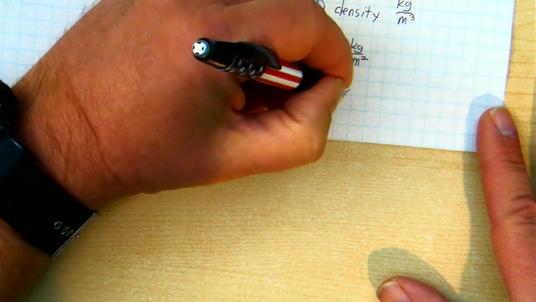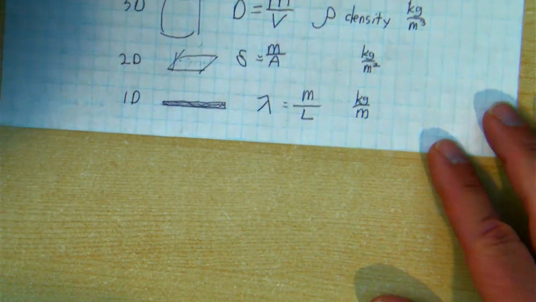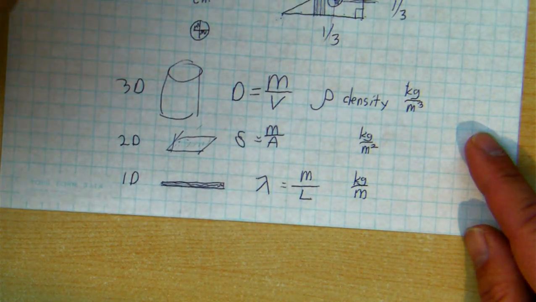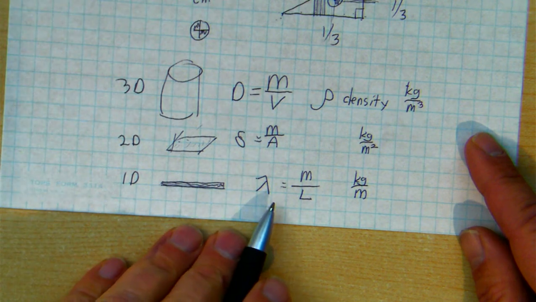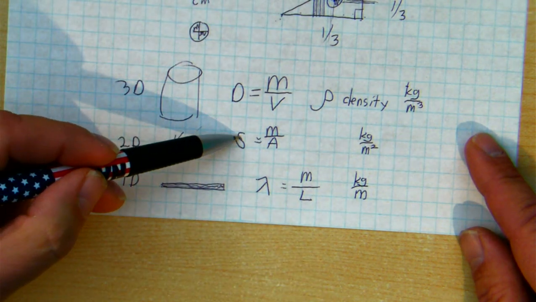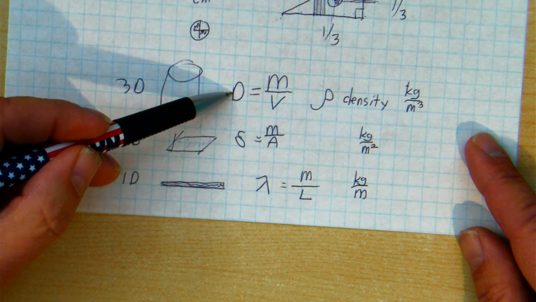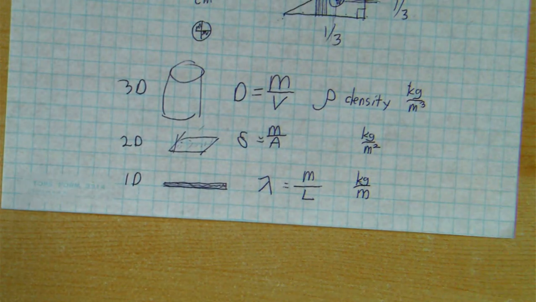And of course, the units are kilograms per meter now. So here are three types of density that you might be encountering starting with this chapter: linear density, two-dimensional or surface area density, and what you had from chemistry class, three-dimensional volumetric density.